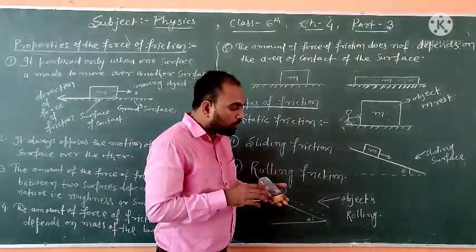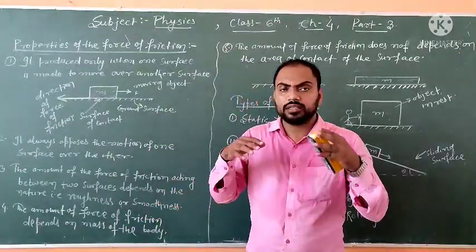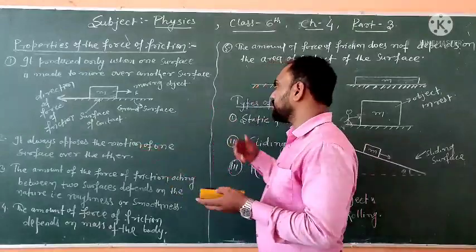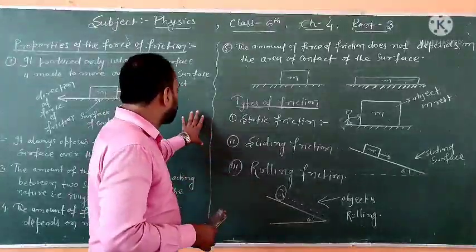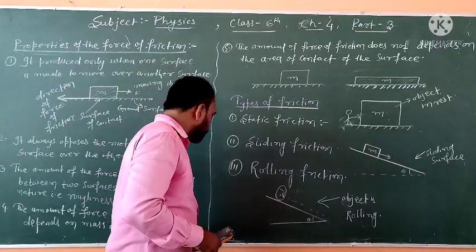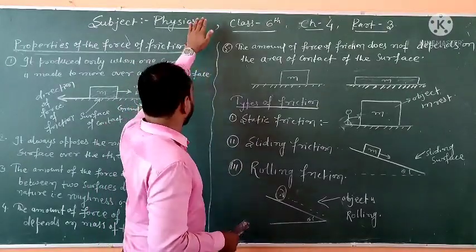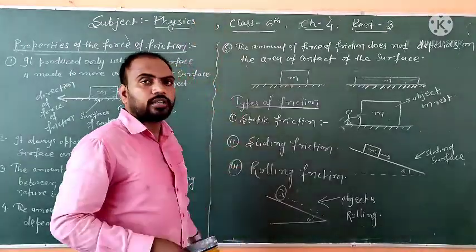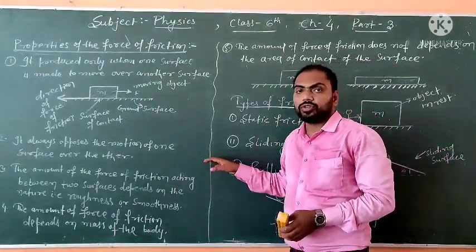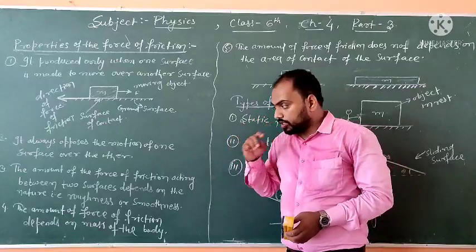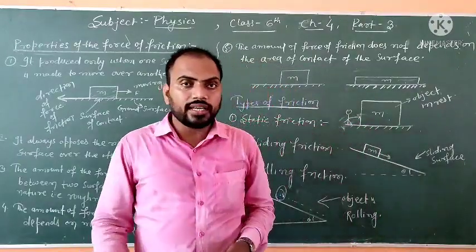When something is kept, for example, this board is here. I am applying force in an upward direction or in a downward direction. This board is not moving. So there is a force of friction because it is in contact.